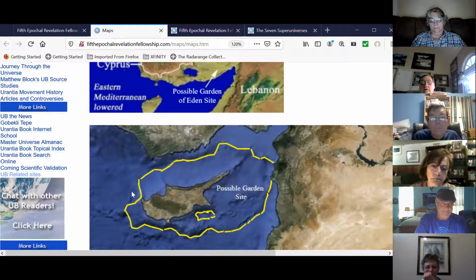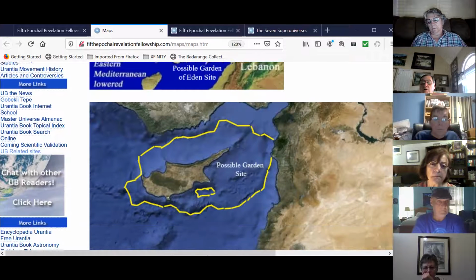That's what all this is. And it shows where it sunk in off the coast of Mesopotamia over here. So this is where the Garden of Eden would have been after the sinking. All this land mass sank into the Mediterranean Sea. You see that? That's why I wanted to show you all that.